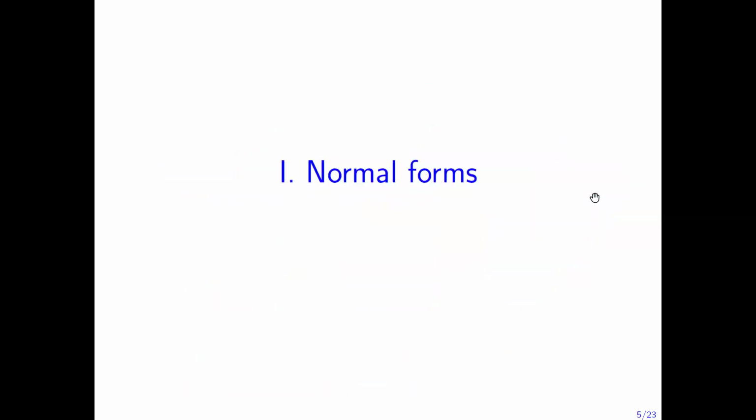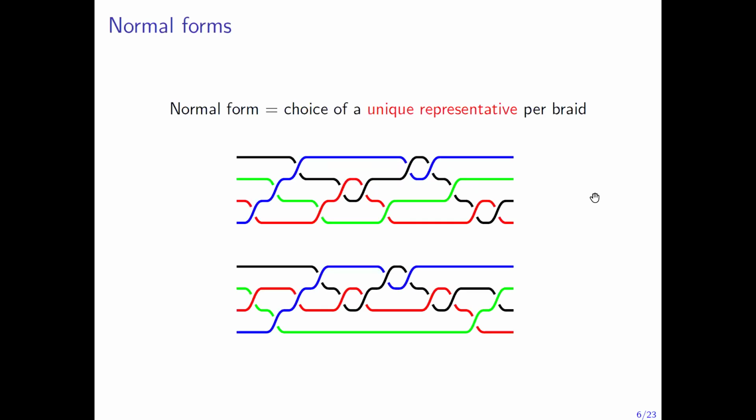Now I can discuss what normal forms are. It's simply a way to choose for every braid a single word representing it. We want to do this because if you want to do some computation on braids, for example just to compare braids, it's nice to have a single representative that's going to tell us, okay, if these representatives are equal, then the braids are equal.